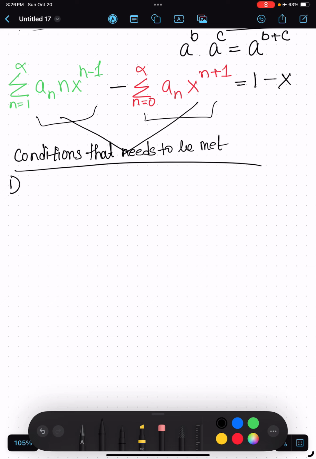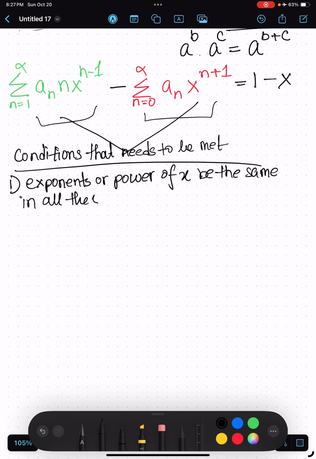The first one is the exponents, or power of x, must be the same in all the series present.